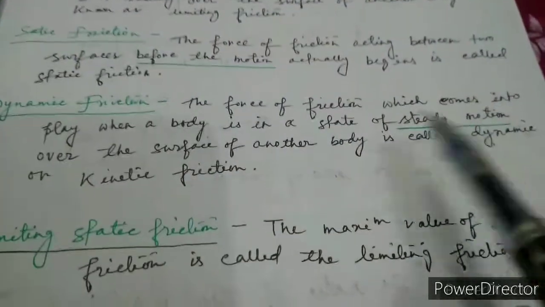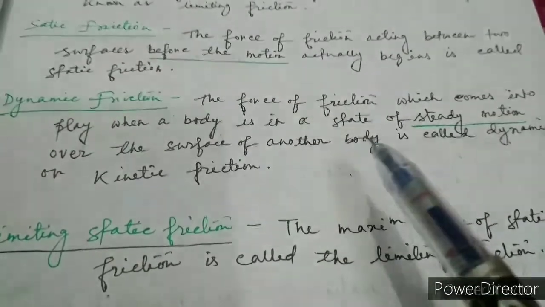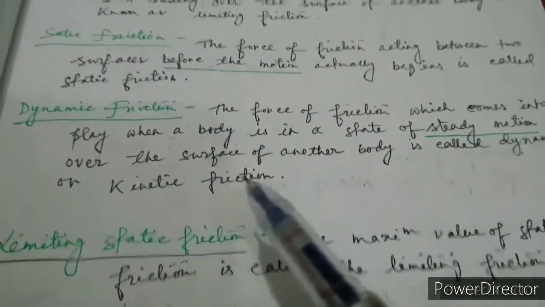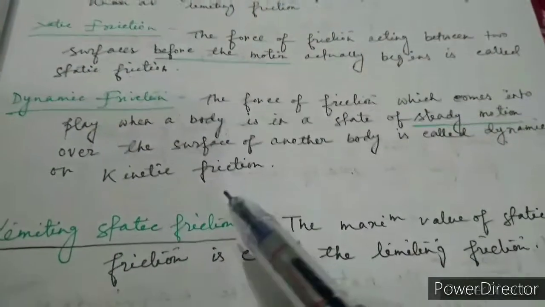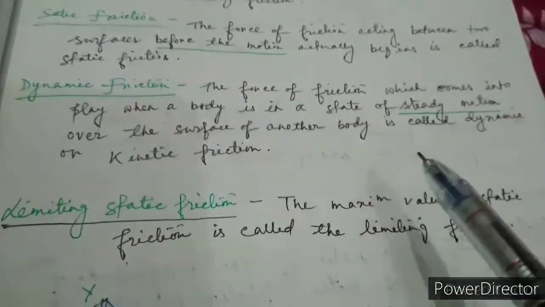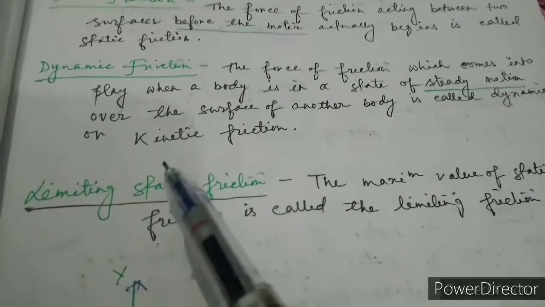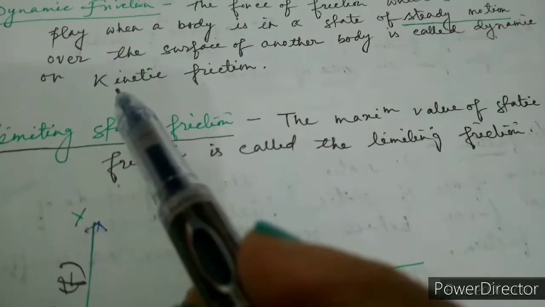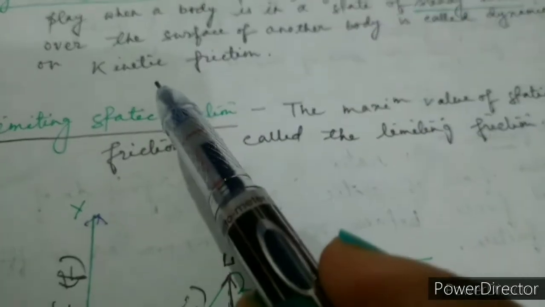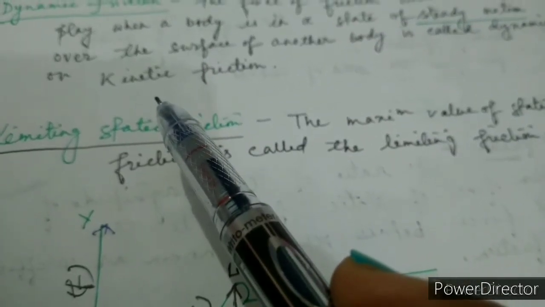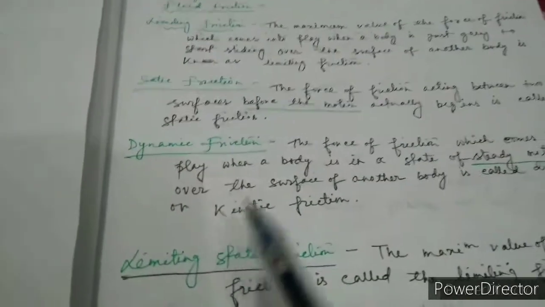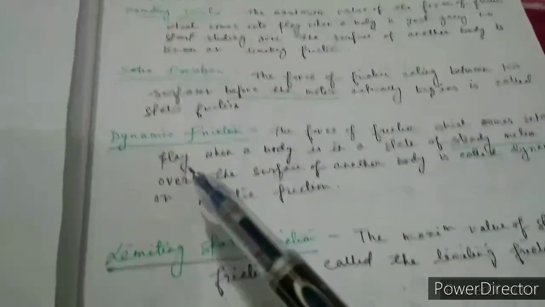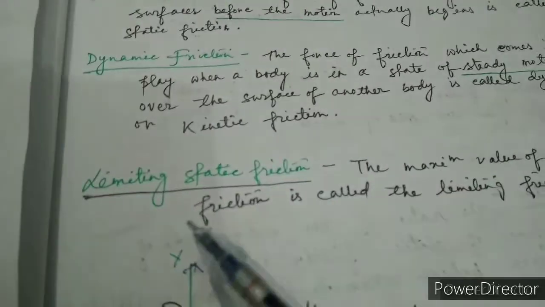See, here I have written: the force of friction which comes into play when a body is in a state of steady motion over the surface of another body is called the kinetic friction or the dynamic friction. Both are the same, kinetic or dynamic. Kinetic means when the body is in motion. So here I have cleared all things to you: the limiting, static, dynamic, and limiting static friction.